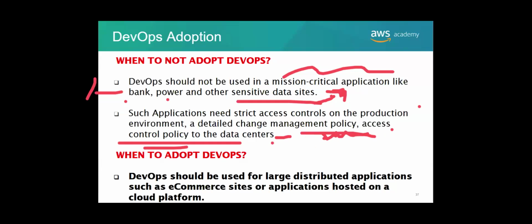Who can access what data, that is called access control. When you learn cloud practitioner, you will come to know what IAM, users, and control policies are. As of now, just understand what it is basically. Next, this is when not to adopt AWS.